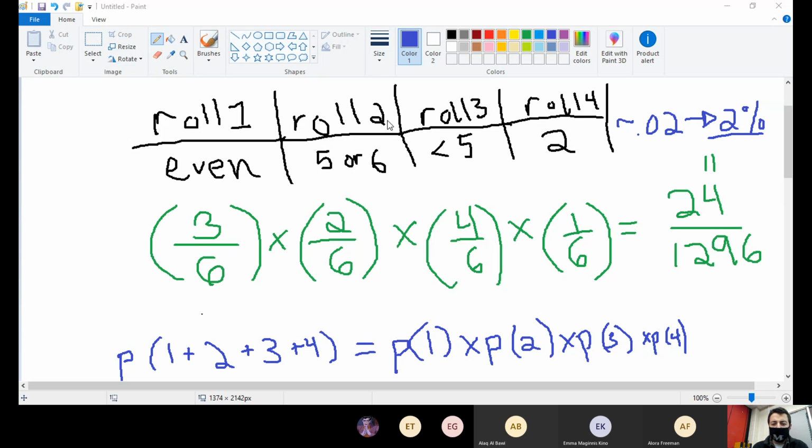Are there any questions on the multiplication rule? Okay, if you have questions, I'll stay on the line after everybody else leaves, and you can ask me.